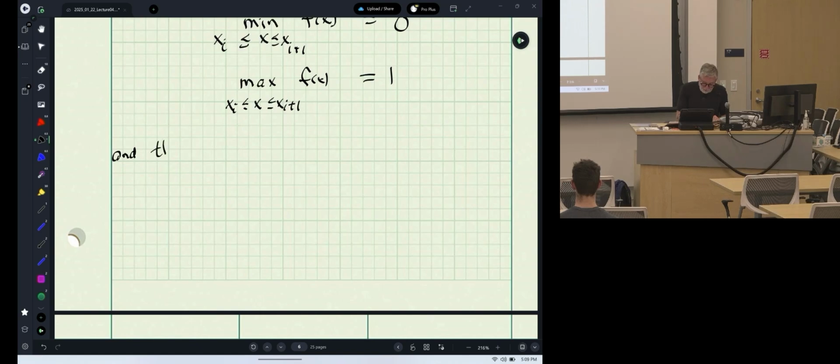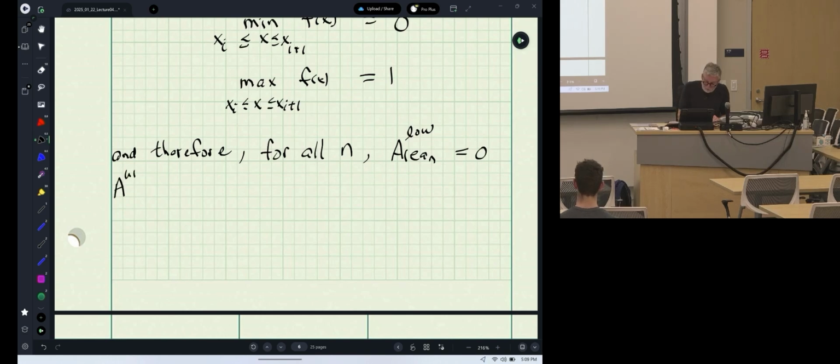But the problem is, for any area that we compute, the low value is going to be 0, and the upper value is going to be 1.